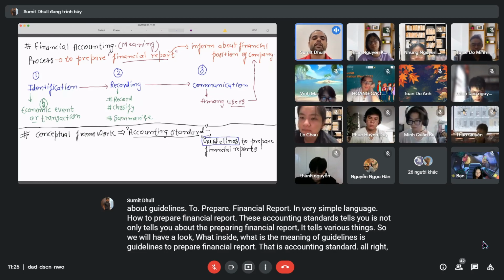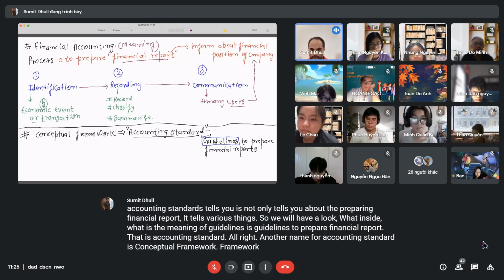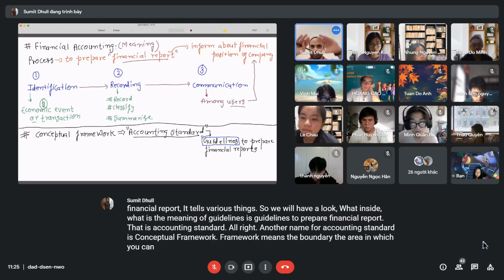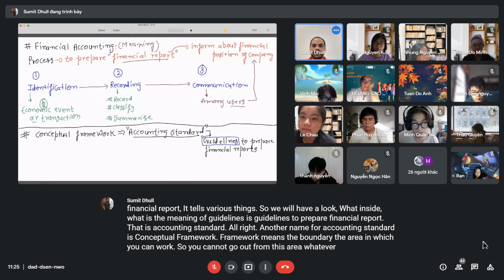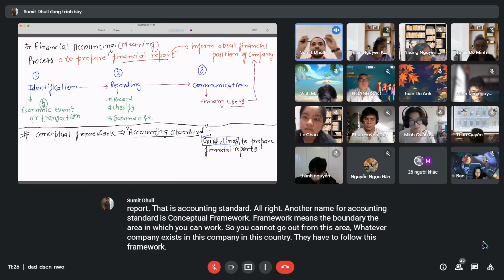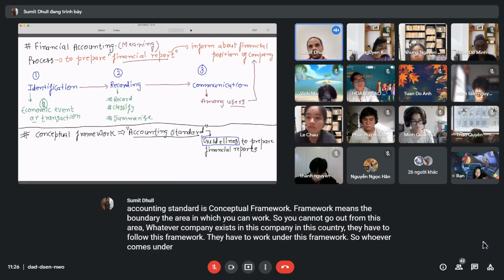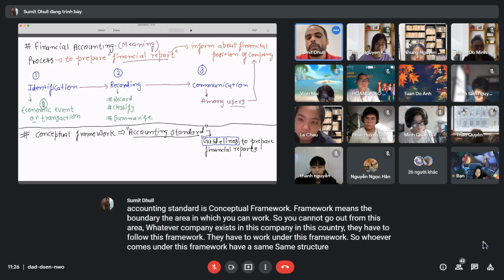All right, another name for accounting standard is conceptual framework. Framework means the boundary, the area in which you can work. So you cannot go out of this area. Whatever company exists in this country, they have to follow this framework. They have to work under this framework. So whoever comes under this framework has the same structure of financial report.